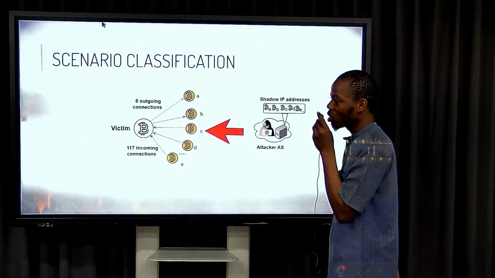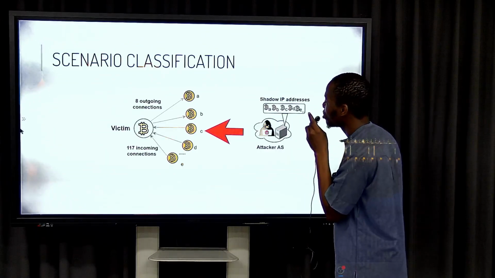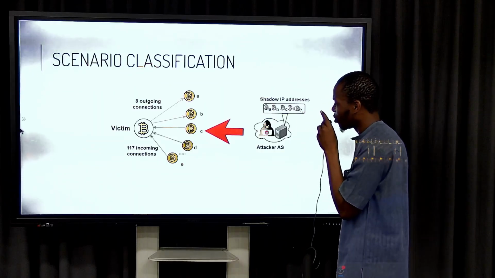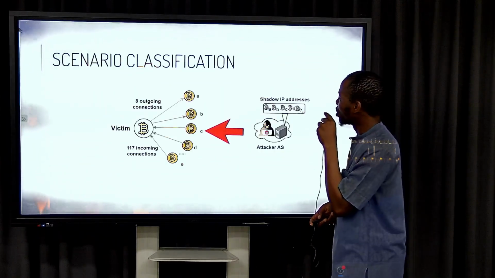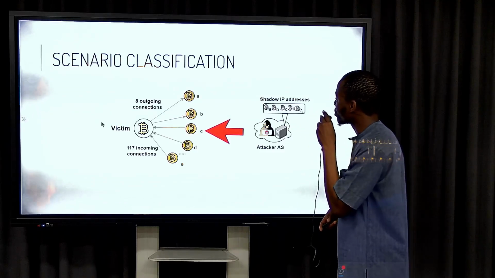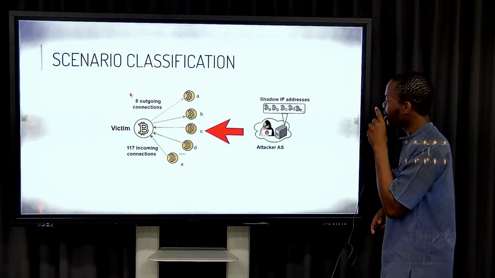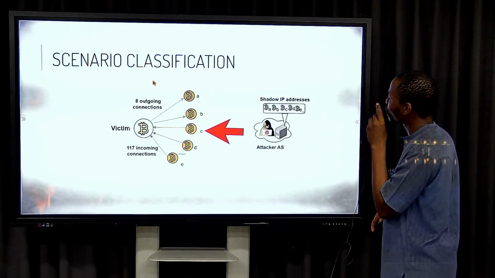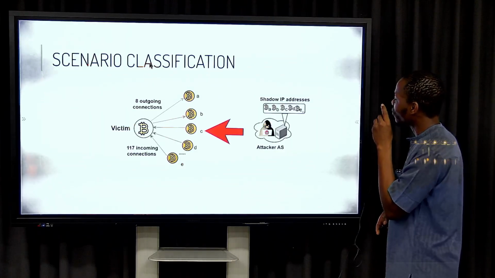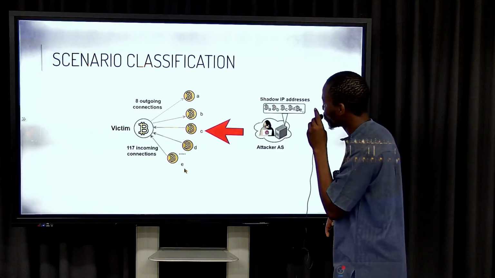Although in a particular 8 bits, the maximum number of connections is 2 to the power 8, which is 256. But here, in this particular Bitcoin scenario, by design, we have 117 incoming connections.